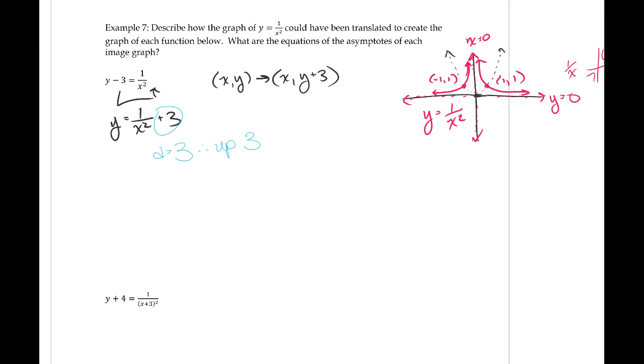So now, instead of my asymptote being at y equals 0, my asymptote would be at y equals 3. My vertical asymptote, because we didn't shift horizontally, is going to stay the same, just like before.